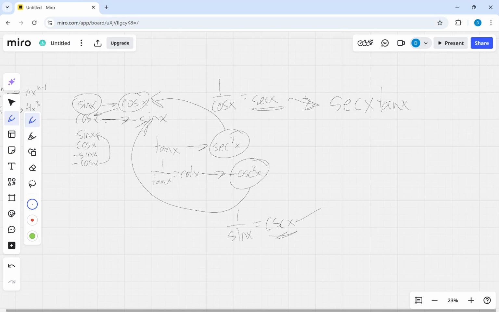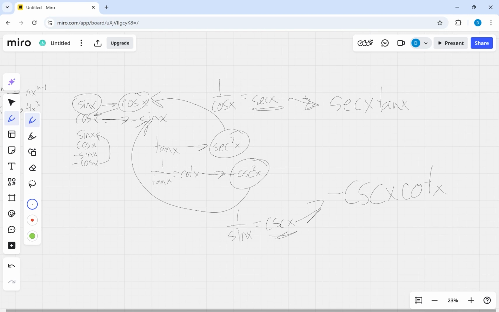And for cosecant, the derivative is negative cosecant x cotangent x, right? And I can also see the resemblance here, right? We understand we have this negative, we have two cosecants and one cotangent on each side. It's just all about rearranging it within your mind, right?